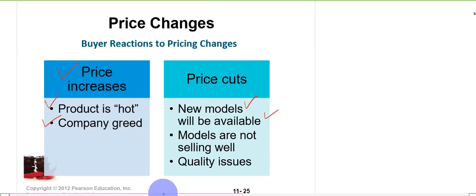Models are not selling well. When your product is not selling well, then you will decrease the price to attract customers. And number three, there are some quality issues. When your product quality is not good, then you will decrease the price. So these are the reasons when prices are decreased.